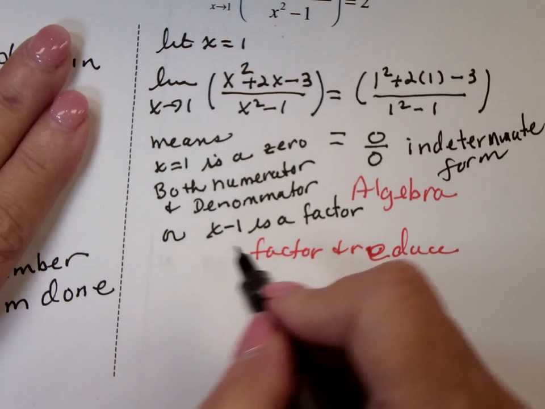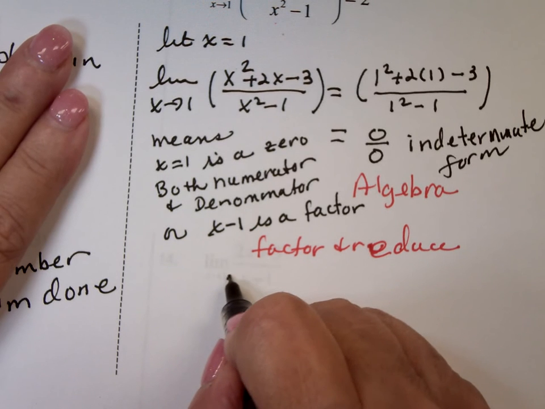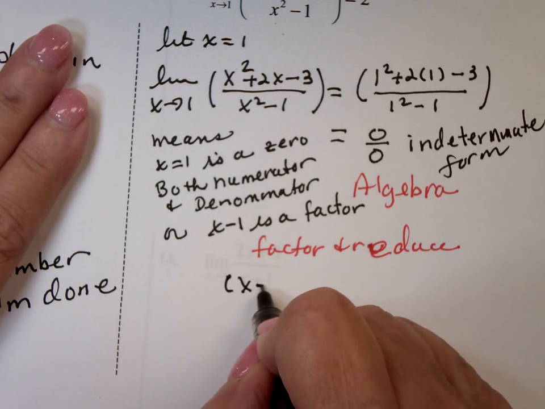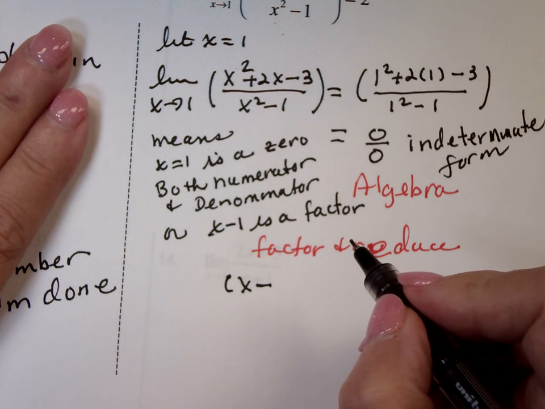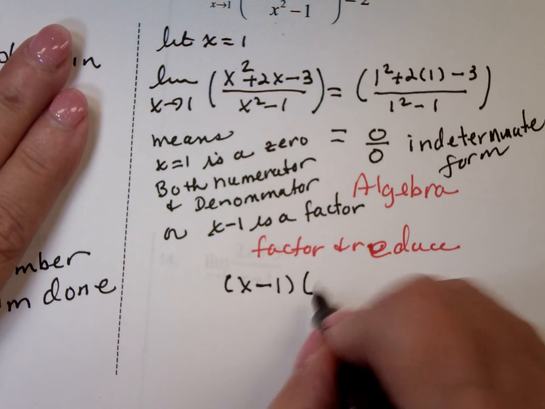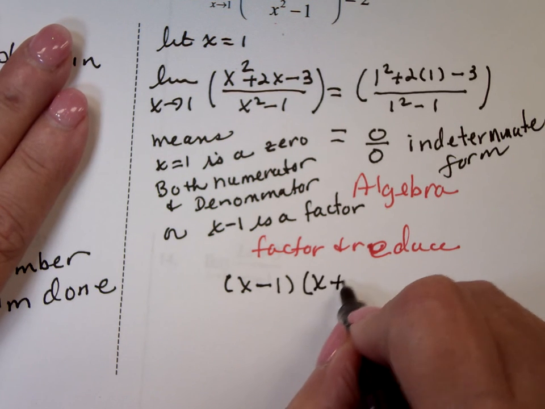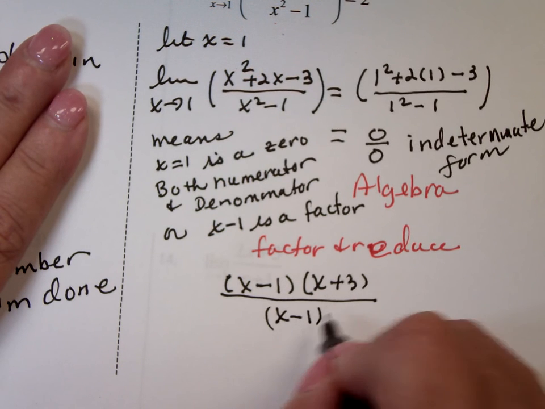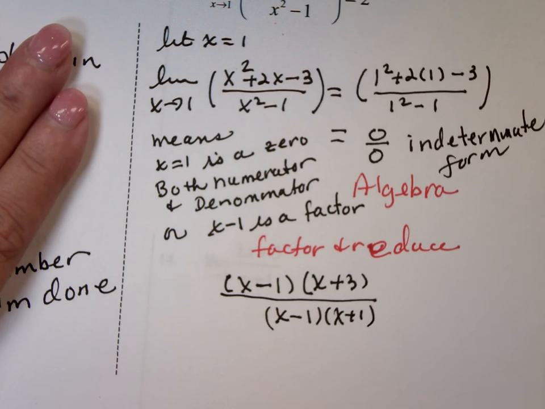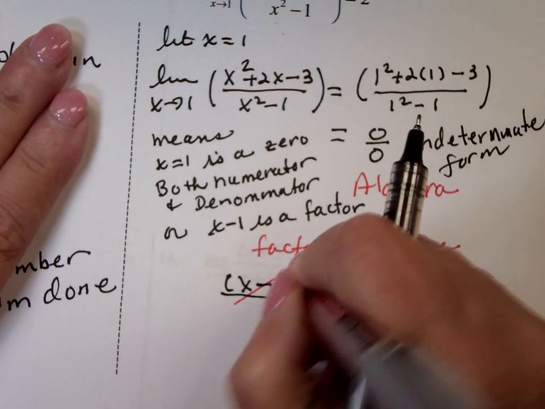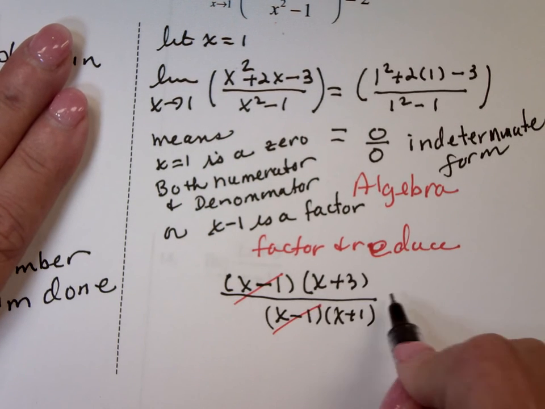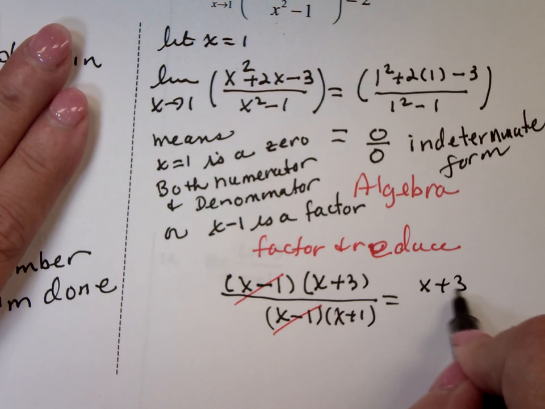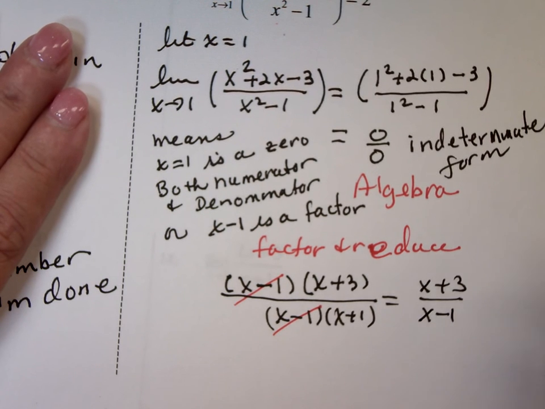So then what does this become? Well, I look at x minus 1, x plus 3 over x minus 1, x plus 1. The x minus 1's reduce out, so I'm left with x plus 3 over x plus 1. The stipulation is x can't be 1.